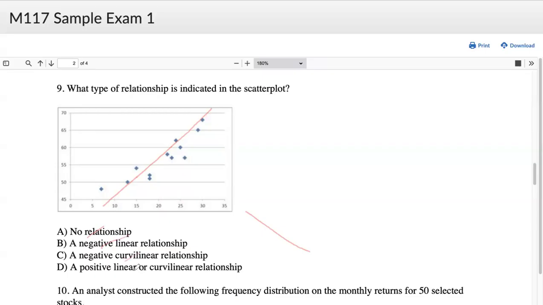Negative curvilinear, no. So has to be D. A positive linear or curvilinear relationship. Curvy means a little bit curvy. So it's the last one. And when do we see there's no relationship? When it's all over, right? We cannot use a mathematical function to describe it like this. We will see, okay, no relationship.